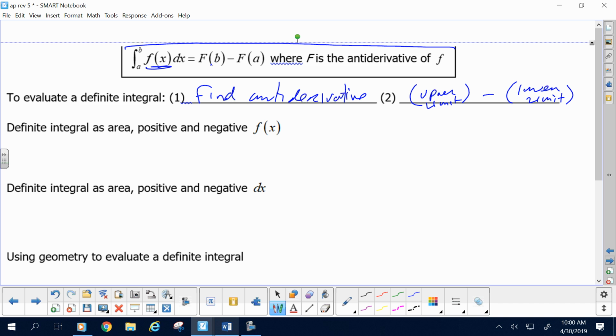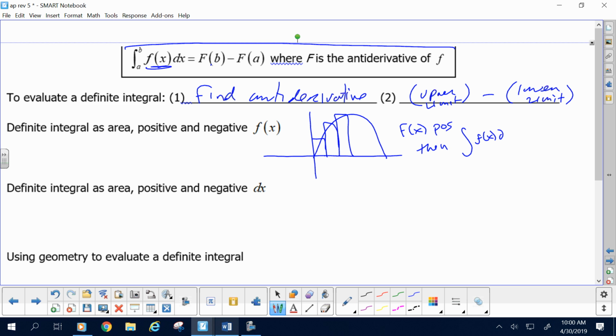Okay. Definite integral has area positive and negative x. So here's the deal. If you have an area above, and really the integral means sums of rectangles, if f of x is positive, then isn't the integral, or the sum of all those rectangles, going to be positive?